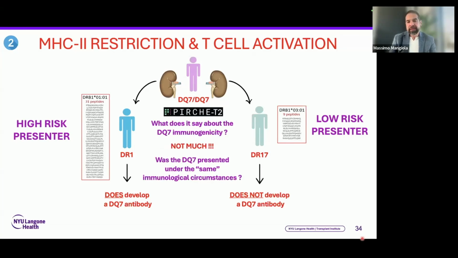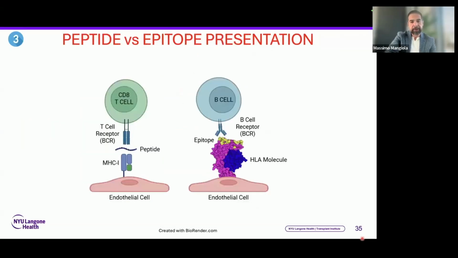But it also doesn't say much about the immunogenicity of the DQ7, right? Because the DQ7 in this case was not presented under the same circumstances. So if your interest is to figure out immunogenicity, you have to make sure that you're comparing apples to apples. This is not the same immunological risk.